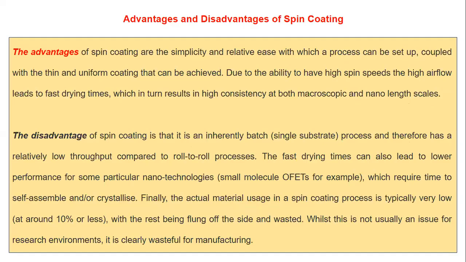Now the advantages. What are the advantages and disadvantages of the spin coating system? The advantage of spin coating is simplicity. It is a very simple system, and we can develop a spin coating system manually.